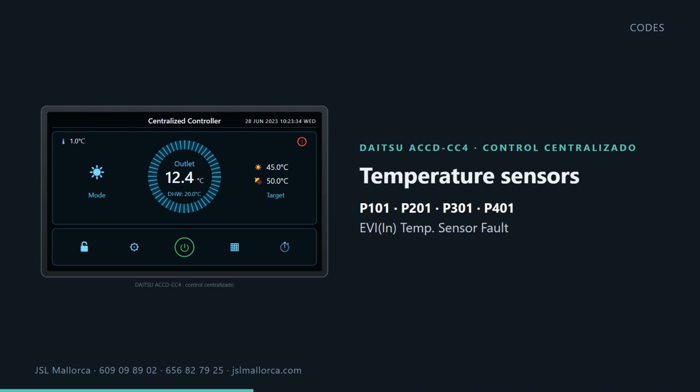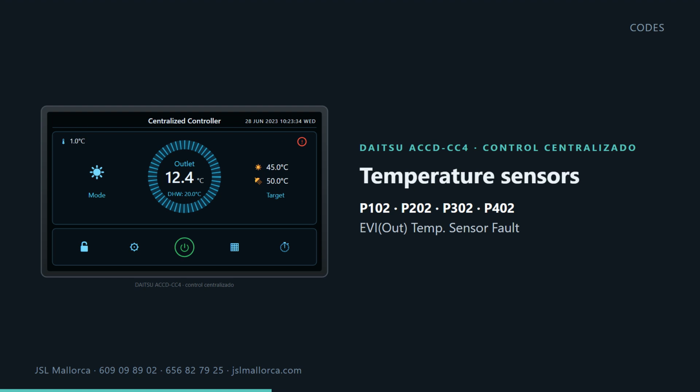Codes P101, P201, P301 and P401. EVI, in, temp sensor fault. It happens because the temp sensor is broken or short circuit. Codes P102, P202, P302 and P402.